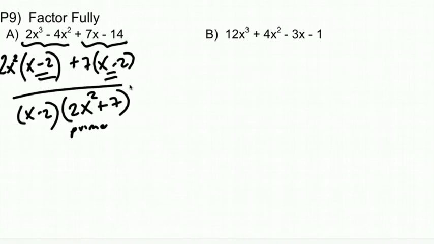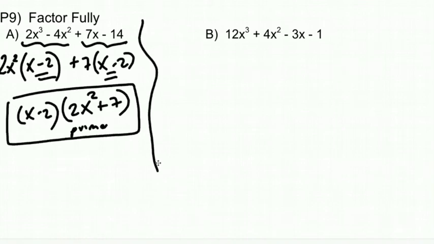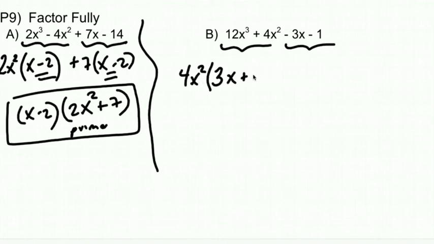Over here, right, again, I'm going to see if I can find this group GCF and this group GCF. So when I look at these, I see that they have a 4x squared in common, and what seems to be left is a 3x plus 1. And here I can take out a negative 1 and also end up with that same value in the parentheses, that 3x plus 1.